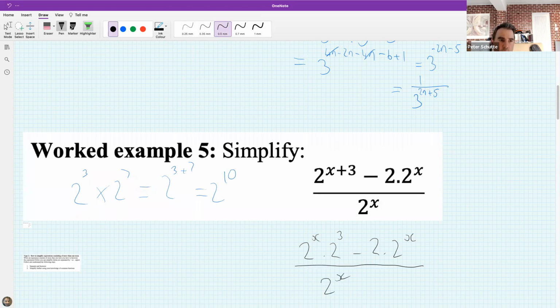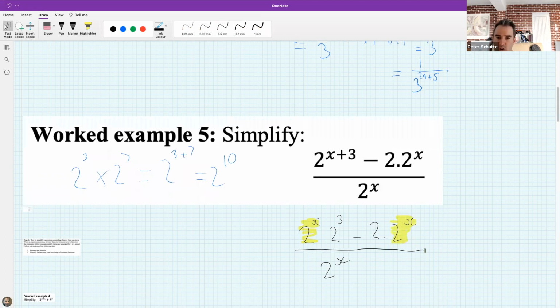And what I then see is that there is a common factor between the terms of 2x, or 2 to the power of x. Just give me a thumbs up if you see that that common factor is hiding in those two terms. Because the main thing initially is to go, well, we can't use the laws. We have to use a new technique. Okay, so we're happy to see the common factor.